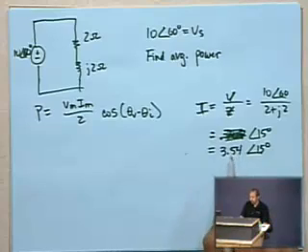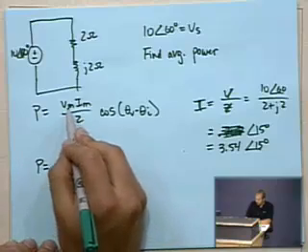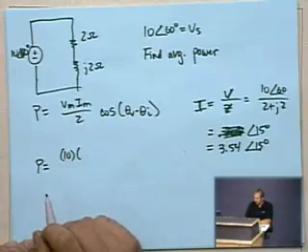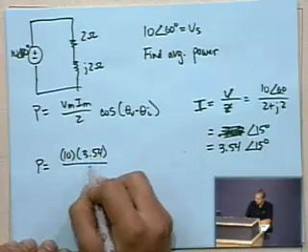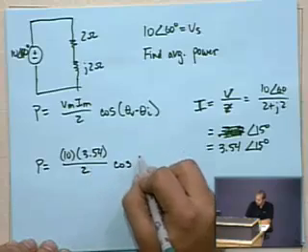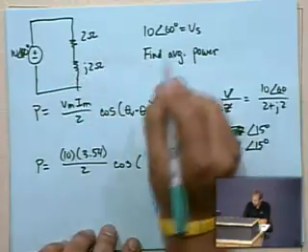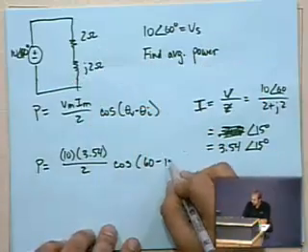So now we have the magnitude of the current and the phase angle of the current, we can start plugging stuff in. Power equals the magnitude of the voltage, 10, times the magnitude of the current, which is 3.54, divided by 2, times the cosine of theta V, which was 60 degrees, minus theta I, which is 15 degrees.